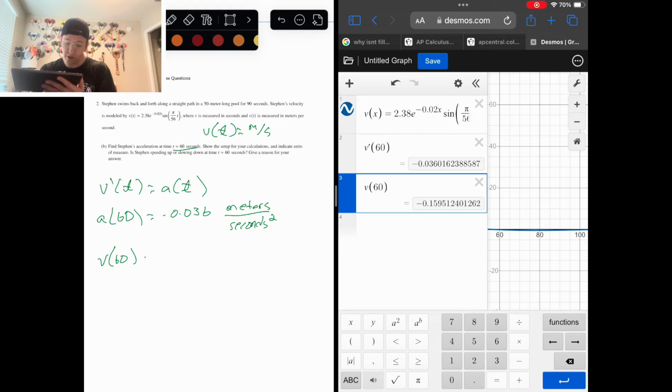is equal to negative 0.159. And so our explanation is going to be he's speeding up.